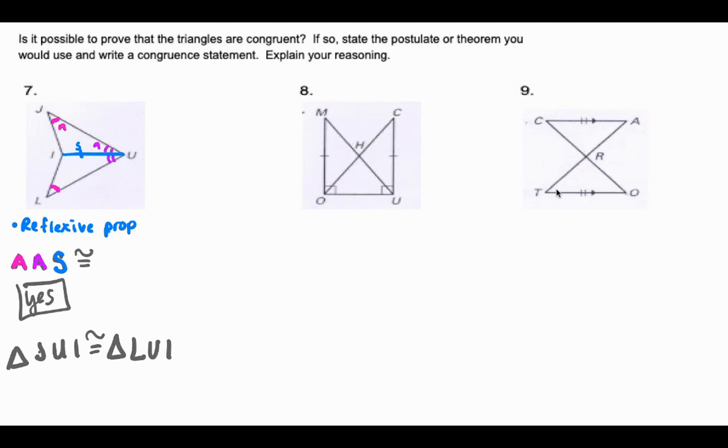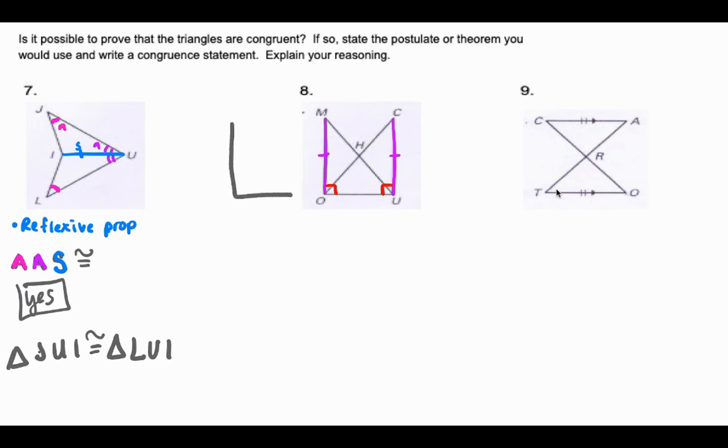Now, there are a lot of triangles in problem number 8, and you have to be very careful about which ones you're identifying as being congruent. So we can see that there is a set of single marked sides, and we can see that there is a set of right angles, but the triangles that have these are overlapping each other, so you may want to actually pull this picture apart.